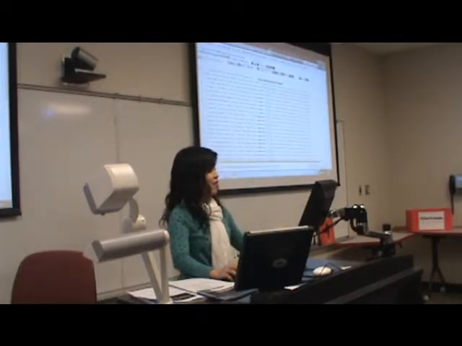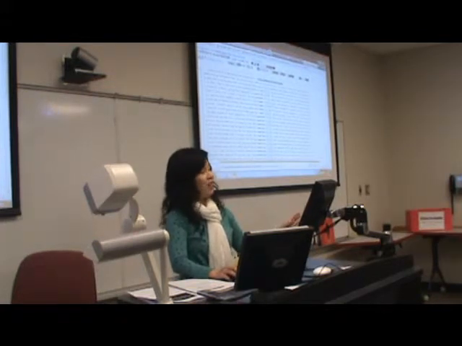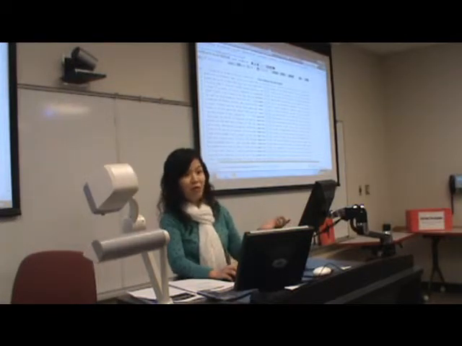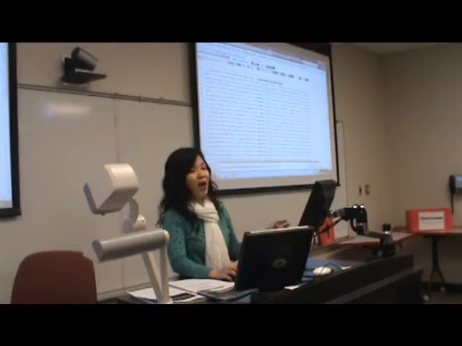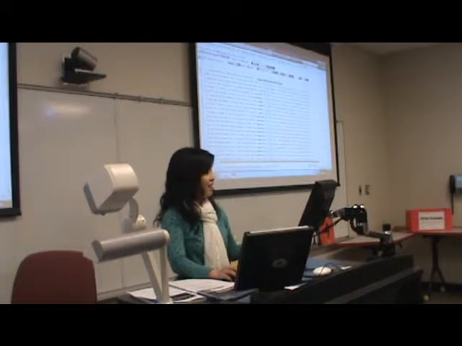Okay, now I got 38 hits, and these are concordance lines, and the way they line up is they are always in alphabetical order, either before or after the keyword.